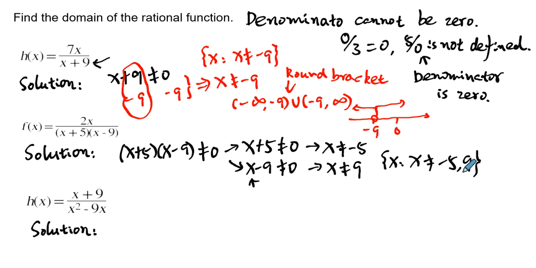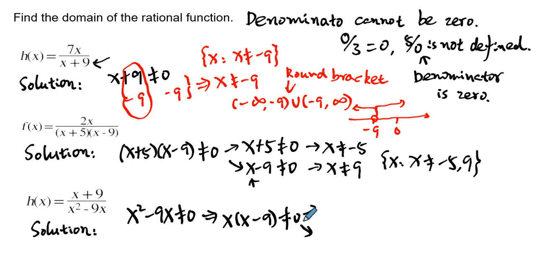Alright, the last one. The last one is x squared minus 9x cannot be 0. You pull x out, then you have x times x minus 9 cannot be 0. Then this tells us two things.